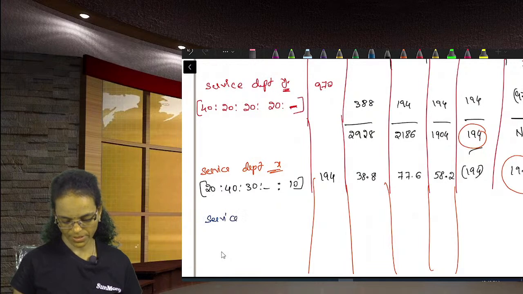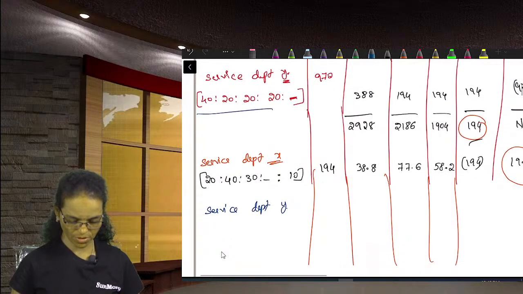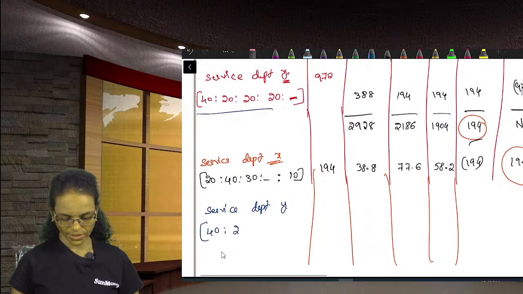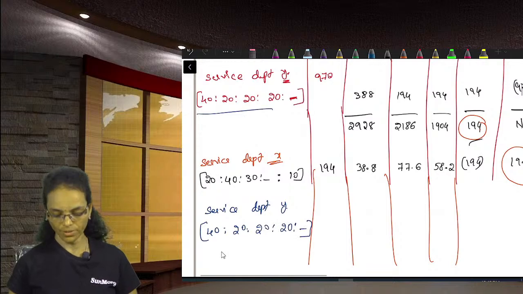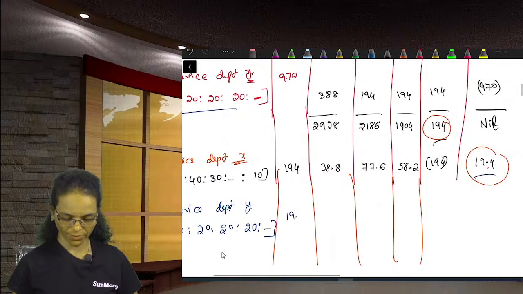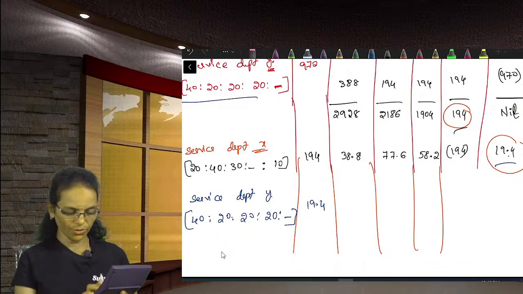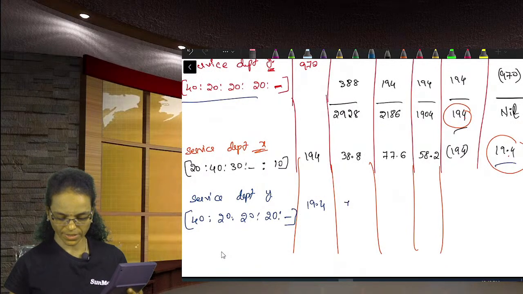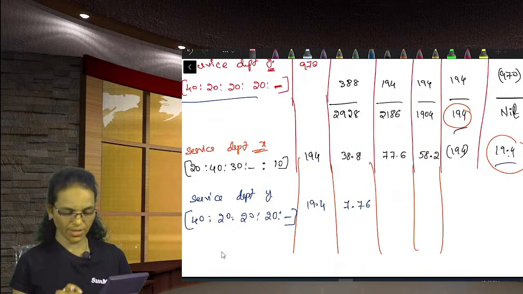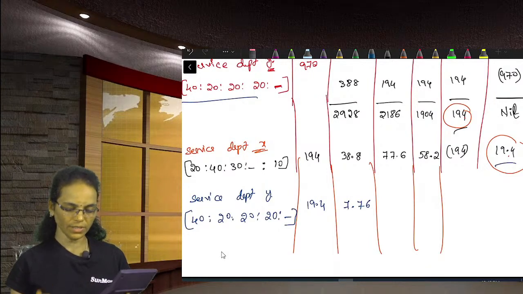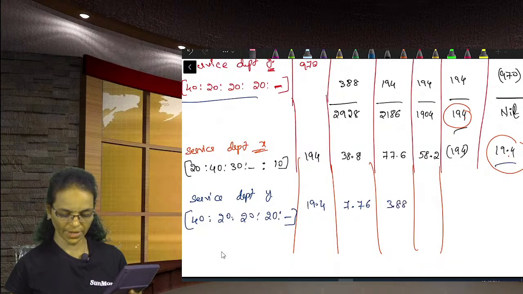Service department Y expenditure in this ratio, 40:20:20:20, amount 19.4. 19.4 into 40 percent is 7.76, then 40 into 20 is 3.88.